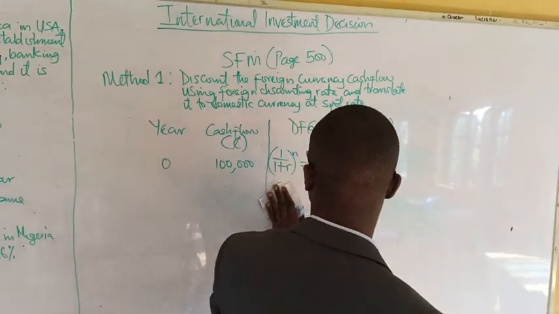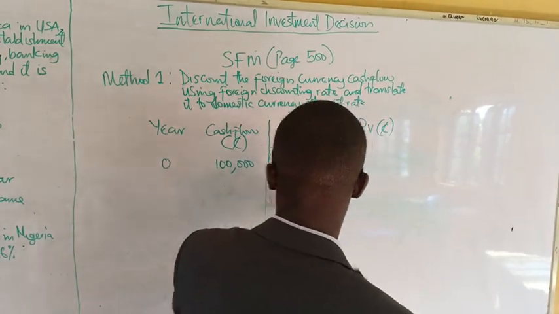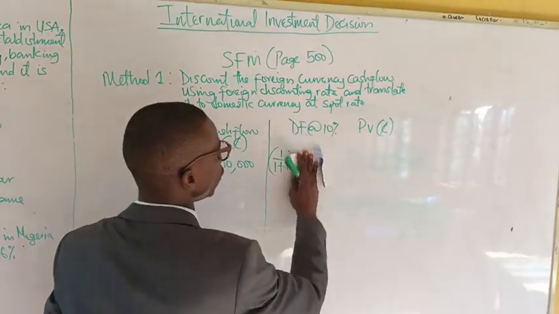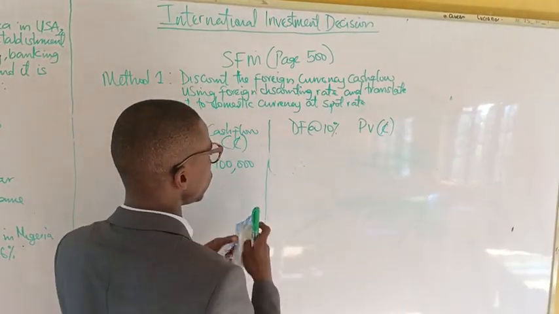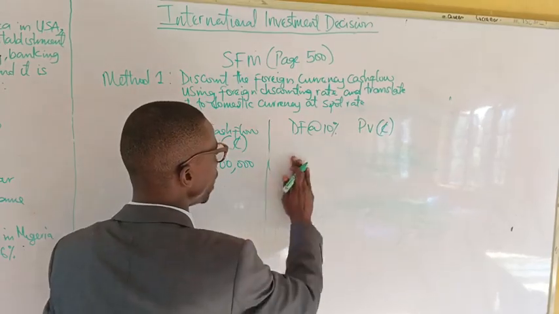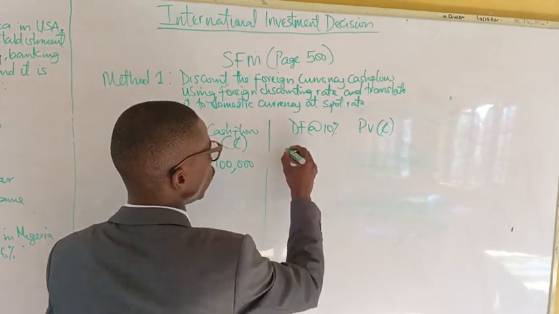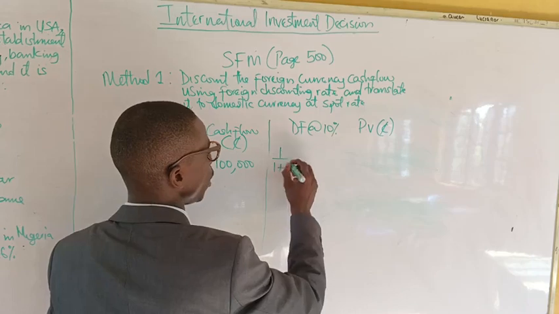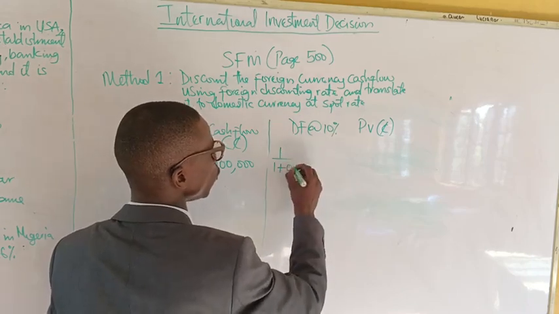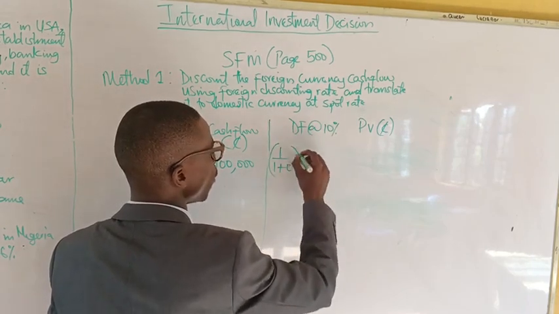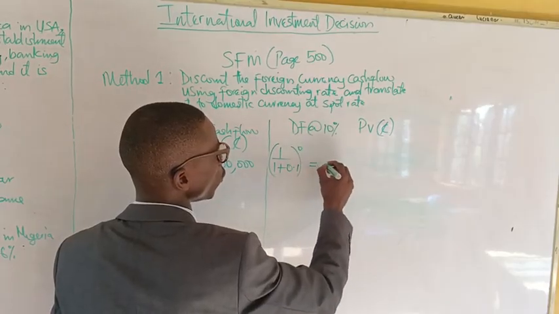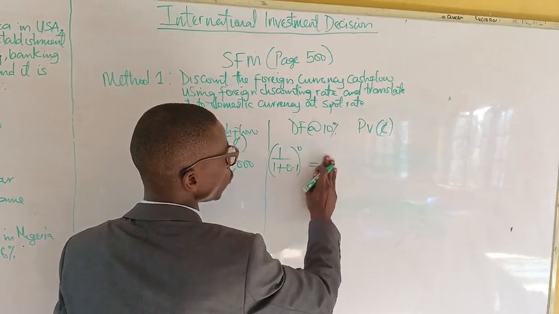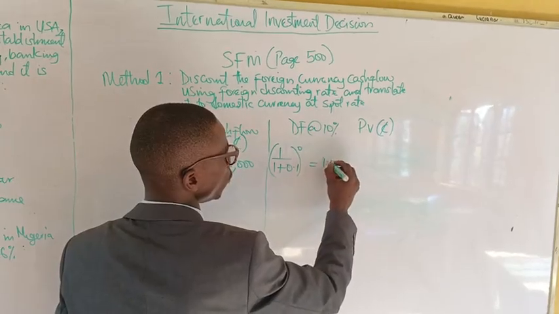Okay. So this is the formula for discounting factor. I don't want to rewrite it again, you already knew that. So 1 over 1 plus r, which is 0.1, raised to power 0, equals 1.00.